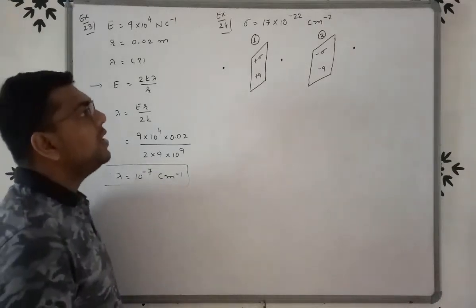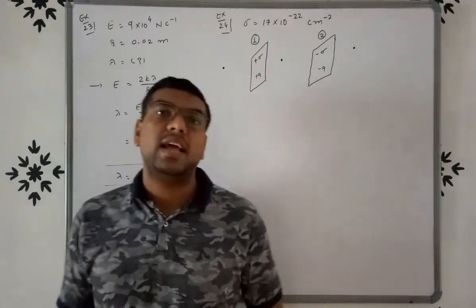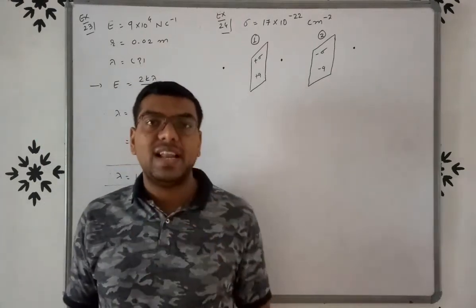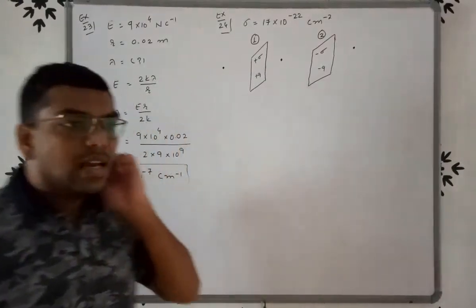So we know that the electric field is due to the charge, right? And we also know that for positive charge the direction of electric field is outward, and for negative charge inward, right?